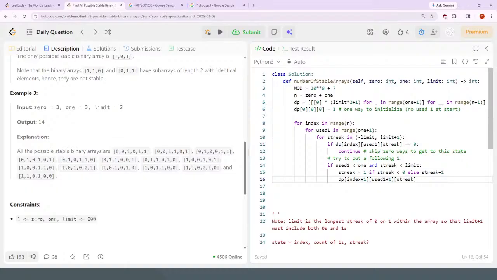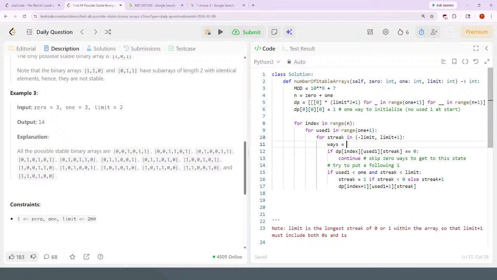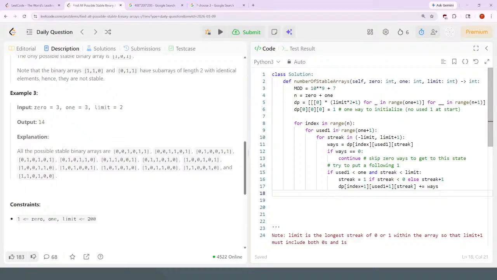So this should increase by the current value number of ways. Ways is going to be dp index used 1 streak. dp plus equals ways. Okay.